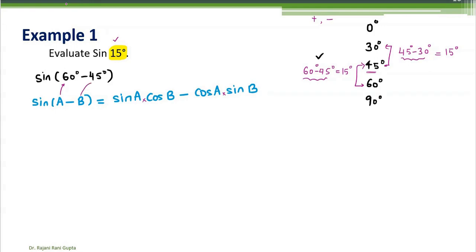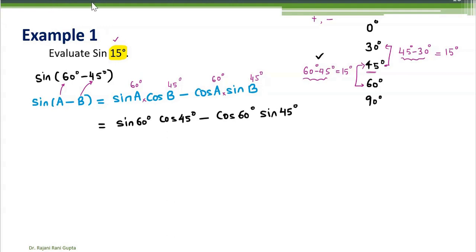In place of B, you have 45 degree. So angle A value is 60 degree and B is 45 degree. Write it over here: 60 degree, 45 degree. When you simplify it, this gives you sine of 60 degree, cos of 45 degree, minus cos of 60 degree and sine of 45 degree.